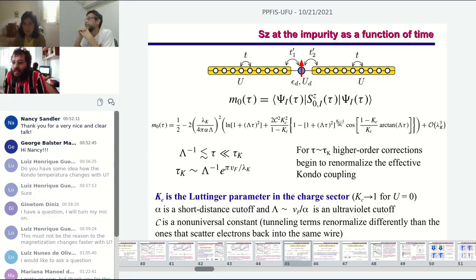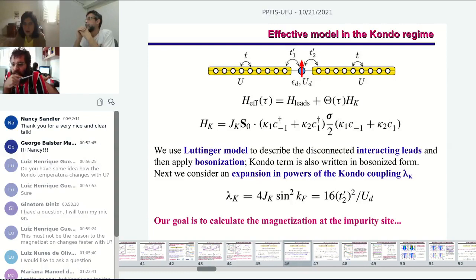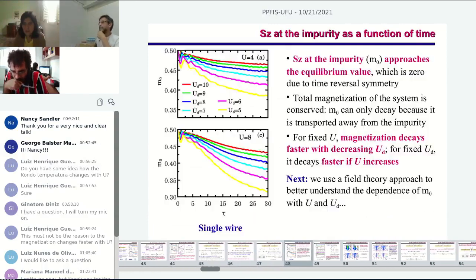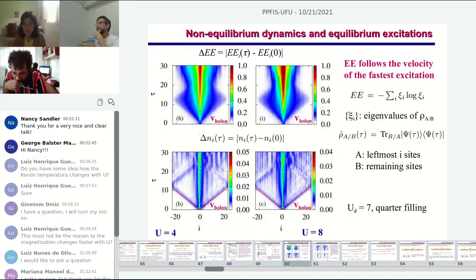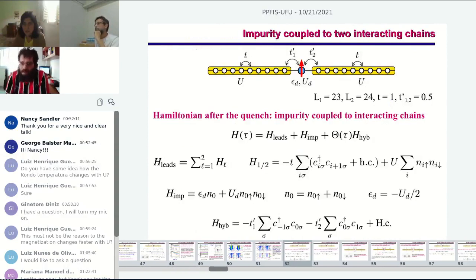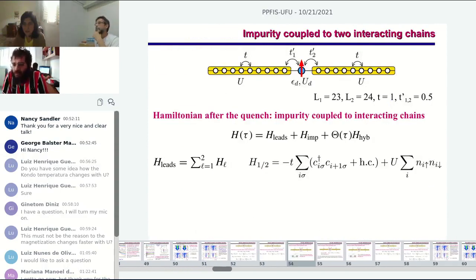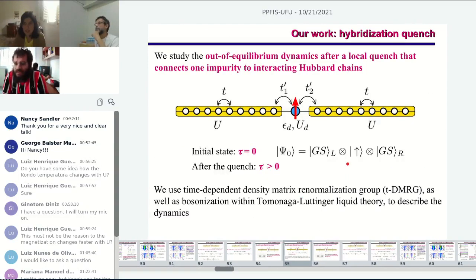Yes, it's a spin up. Maybe I didn't stress that. Yes. So I was surprised because this essentially. It's here. The initial state, it's a spin up, and that's why the magnetization at t equal to 0 is 0.5.